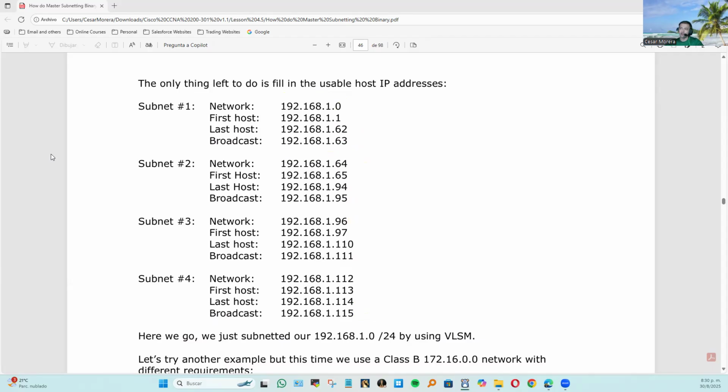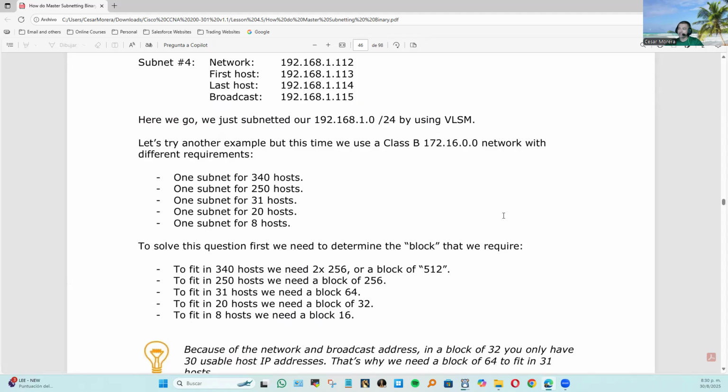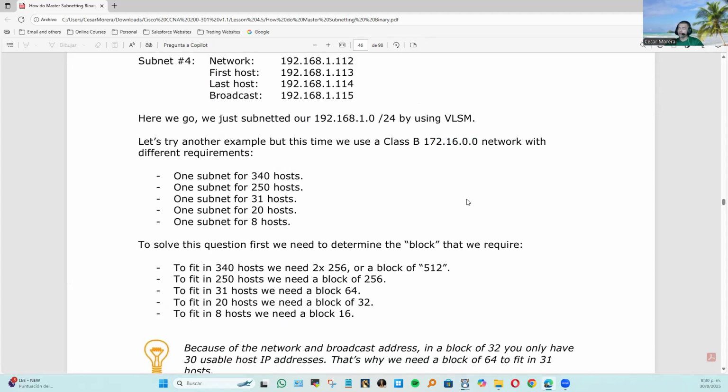Let me just clear the drawings and move back to the red color in case we need to write something else. Here you go, 192.168.1.0/24 by VLSM. Now you can do more examples. We can do the 172.16.0.0, and you can do the 34, the 50, the 31, the 20, and the 8. And what do we need to solve this problem?